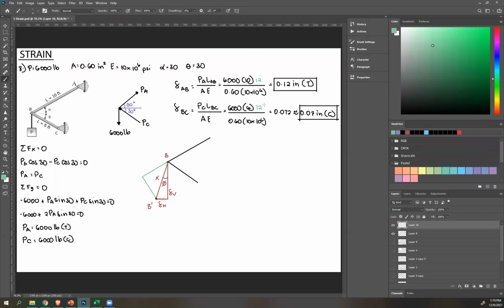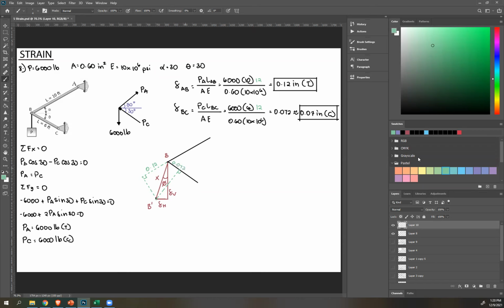This is this amount, 0.12. So same thing here as well. If I try to extend this, draw a straight line from this point perpendicular to your original rod, you're going to have something like that. Again, this is a right triangle. And this amount is the 0.072. Okay? And so that's how those deformations relate to each other.